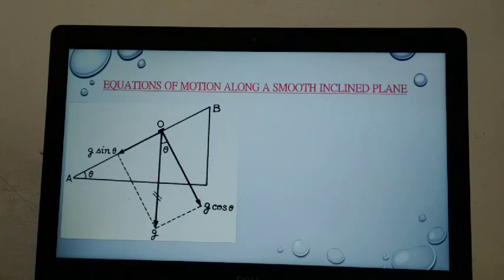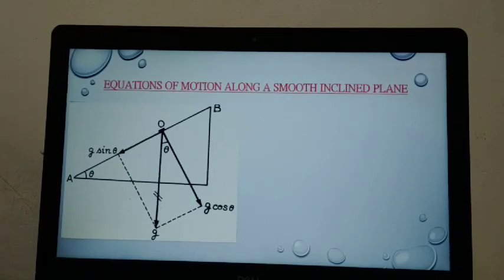g cos theta component is acting perpendicular to the inclined plane, and g sin theta is acting along the inclined plane. So g sin theta is the acceleration acting along the inclined plane. If it is moving in the downward direction, g sin theta is also acting along the same direction, so it can be taken as positive. If the particle is moving upwards, g sin theta is always acting in the downward direction.